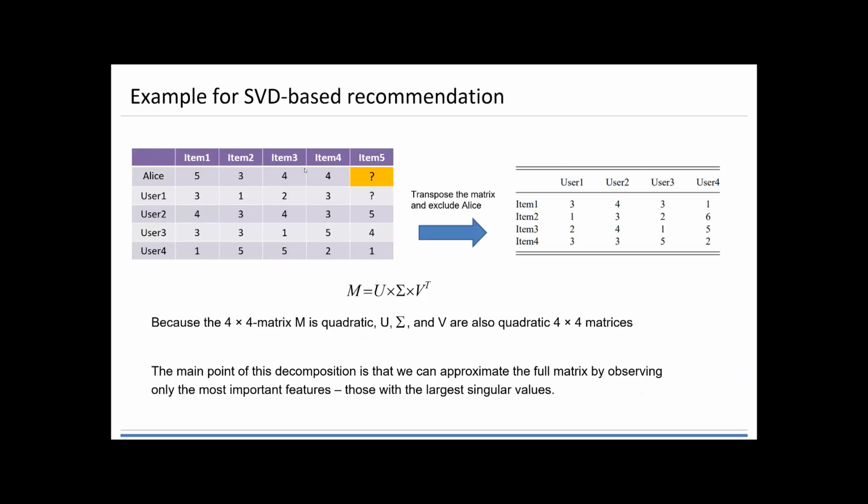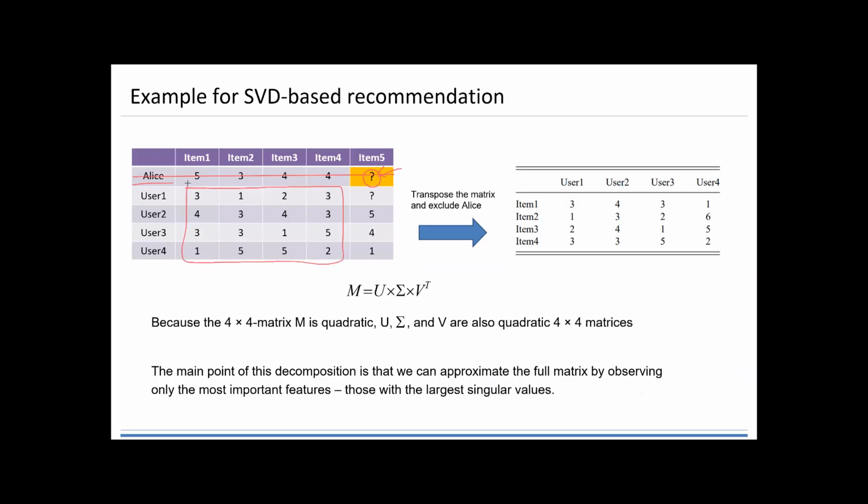Now I have this matrix, and there is a question of how to rate item 5 for Alice, because it is still unknown. Because we are going to predict this one, let's remove Alice to make it easy, and focus on this part.